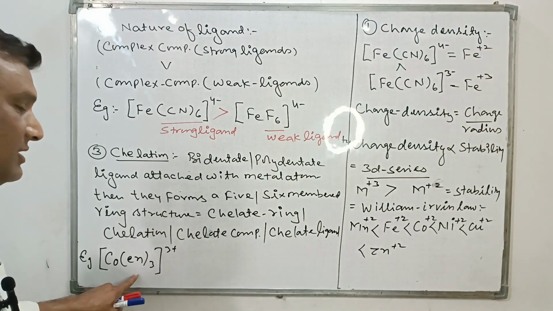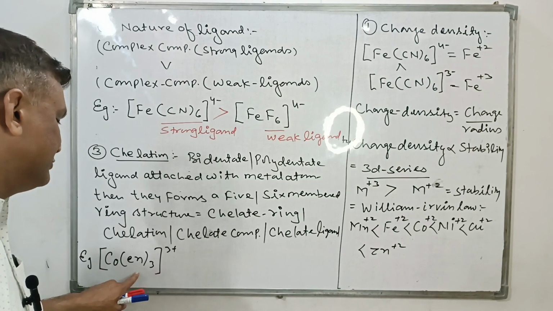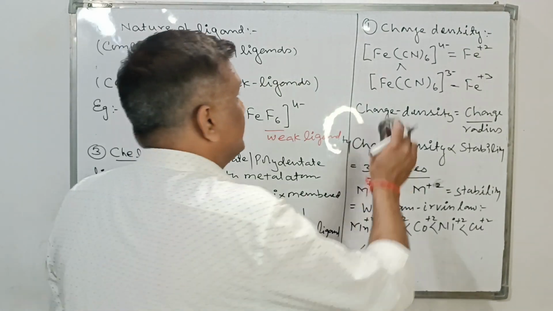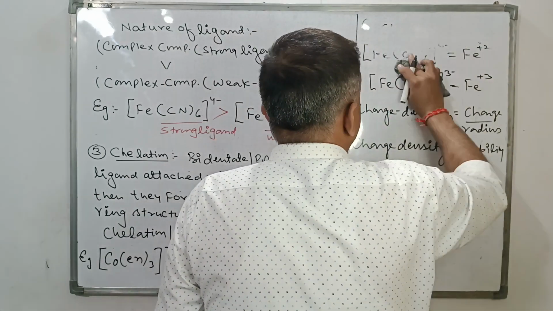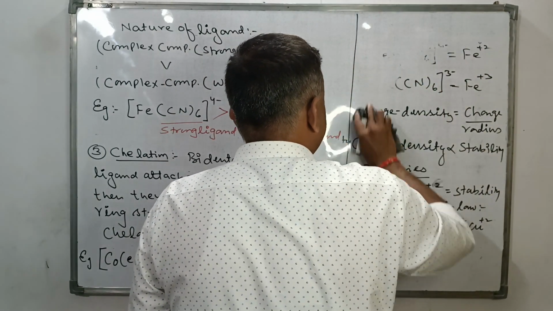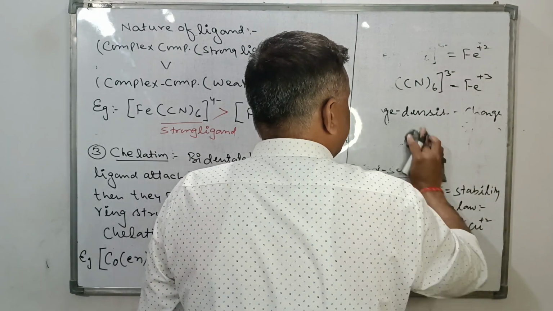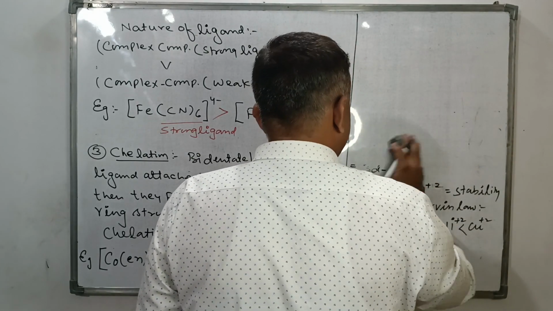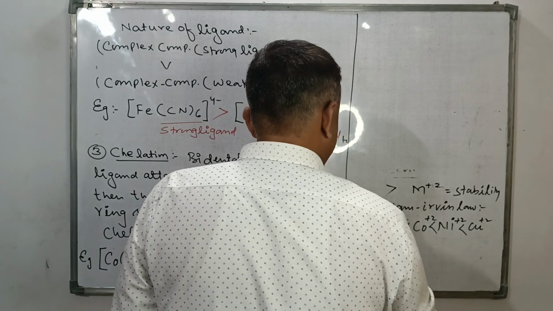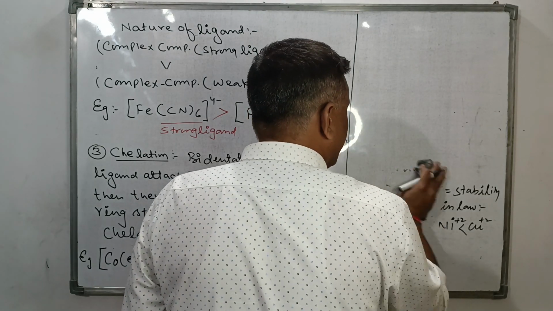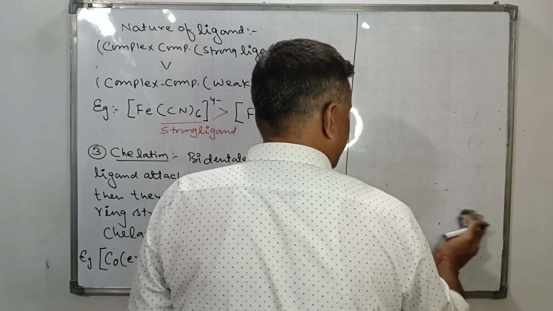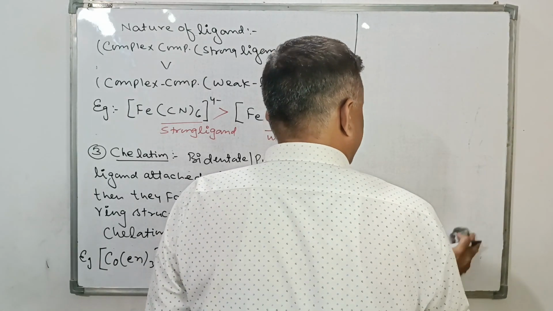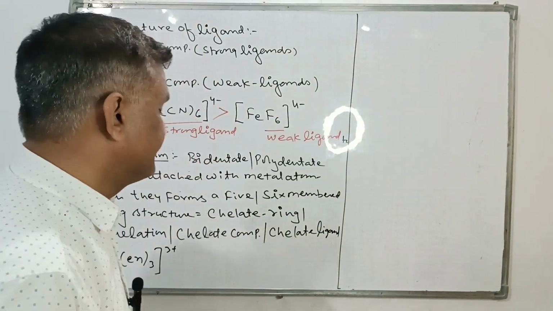It is called tris(ethylenediamine) cobalt(III) ion, or tris(ethane-1,2-diamine) cobalt(III) ion. Listen to me carefully, it's too important: more chelation, more stability; less chelation, less stability; no chelation, least stability.